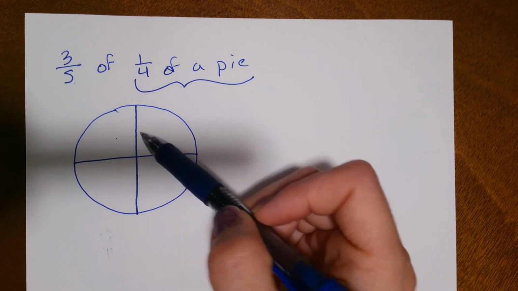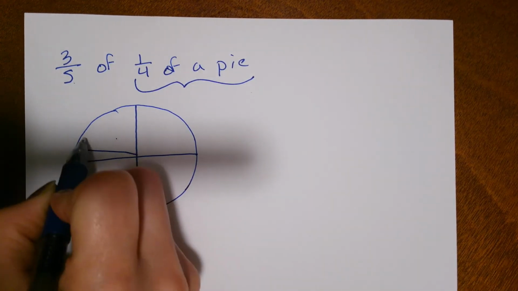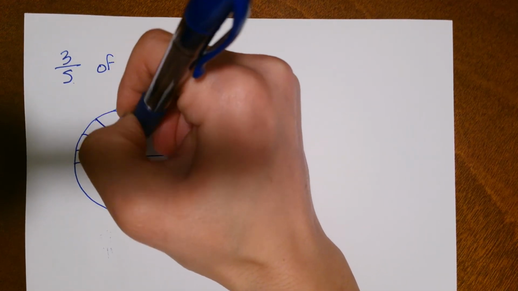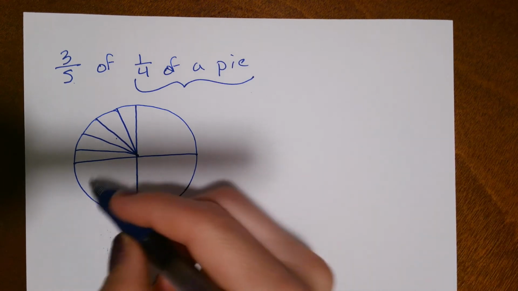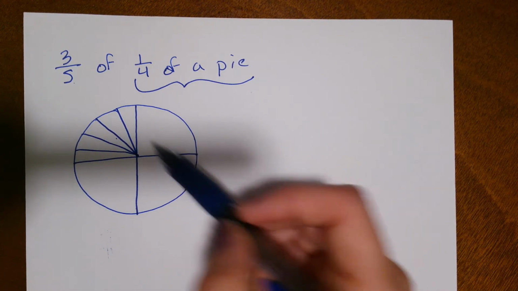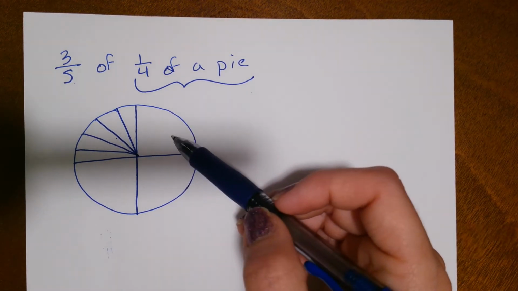So if I take this quarter and I break it into 5 pieces, pretend they're 5 equal pieces, how many pieces am I talking about now? Well, if I had done that to the whole pie, each quarter being broken into 5 pieces, I would have 5, 5, 5, and 5, which would be 20.